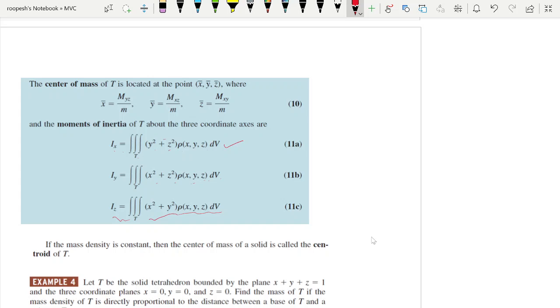See, this is cyclically changing, right? With respect to x, there is no x term. With respect to y, no y term. With respect to z, no z term. Okay, so this is the formula.